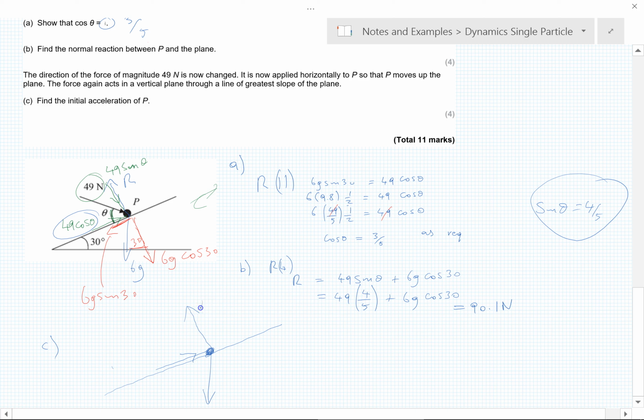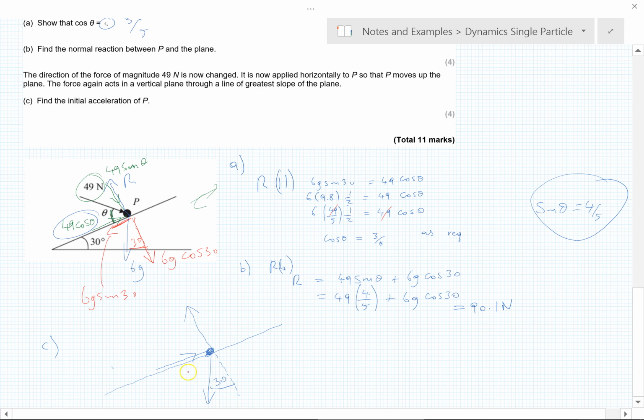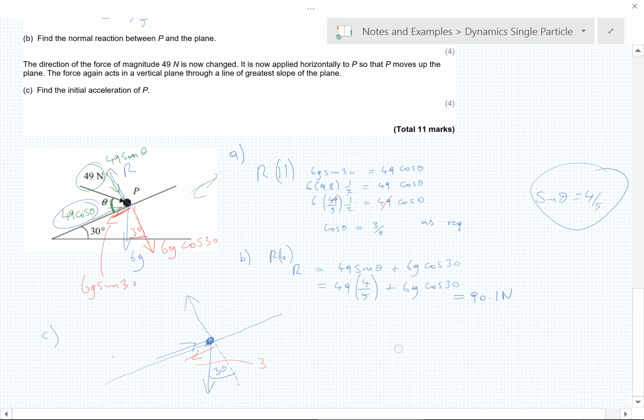It will have changed from before, by the way, because of the change in the 49 newtons, but we're not really interested in that reaction force because it's a smooth plane. And then we've got the angle here, 30 degrees. We only need to look at the component of the weight that's down the slope here. So that's 6g sine 30.